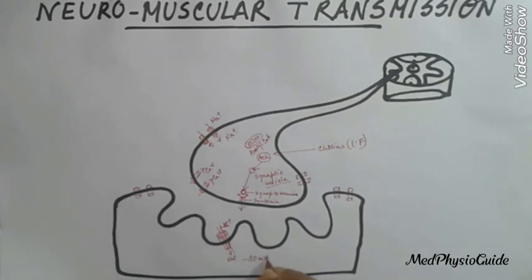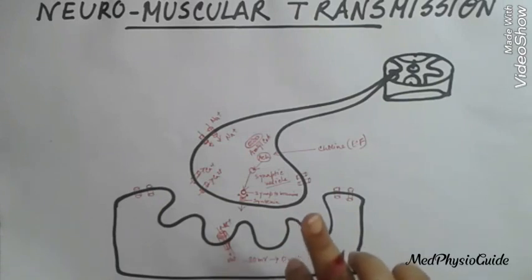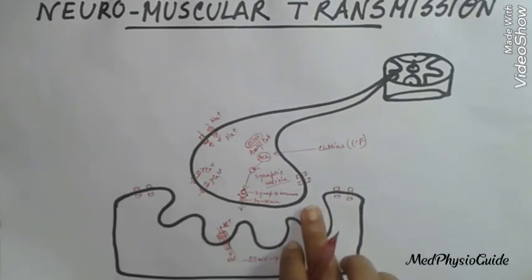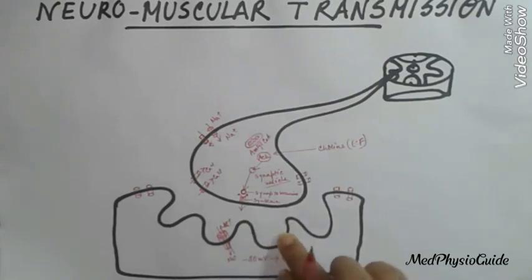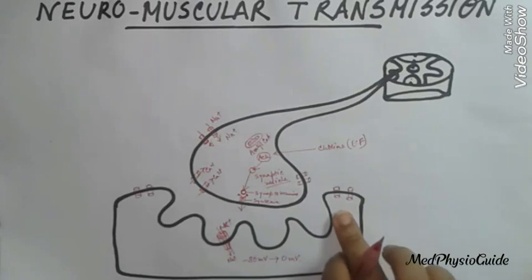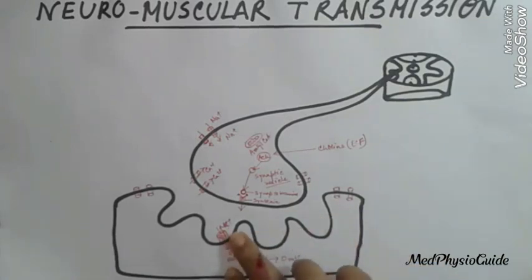So minus 80 millivolt to 0 millivolt is the change. Okay, so now this impulse or this depolarization traverses from the sides and goes to other sides of the muscle membrane.